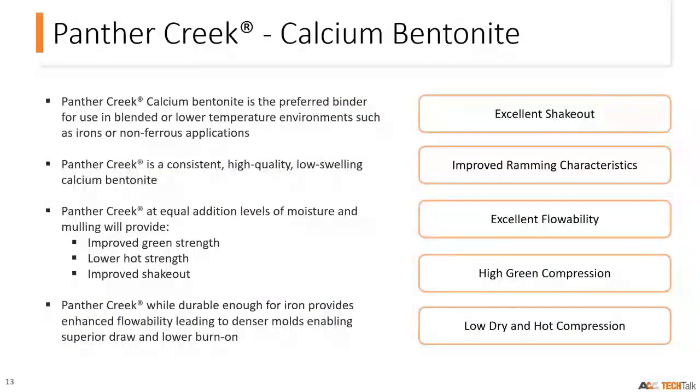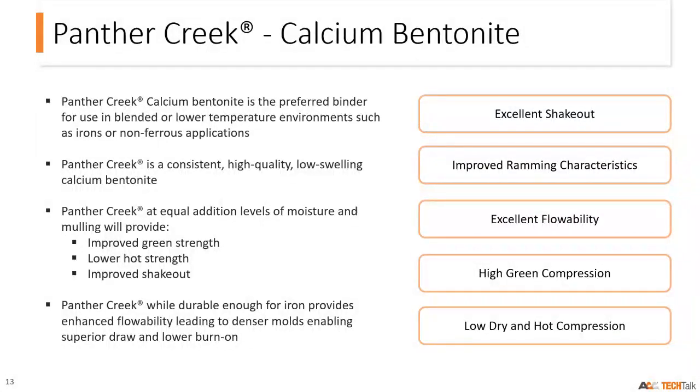So Panther Creek calcium bentonite is the preferred binder for use in blended or low temperature environments, such as iron or non-ferrous applications. It is also a consistent, high quality, low swelling bentonite. Panther Creek at equal addition levels of moisture and mulling will provide improved green strength, lower hot strength, and improved shakeout.